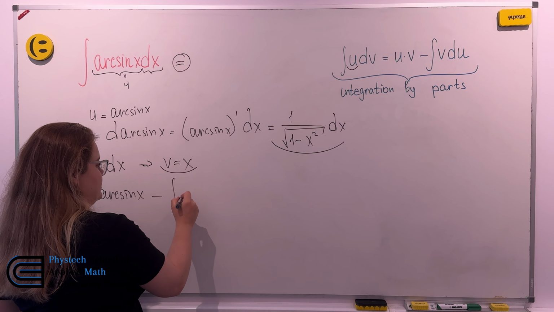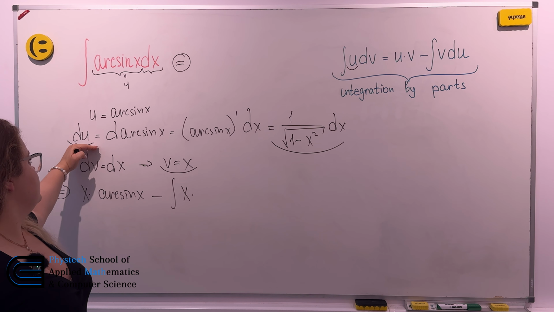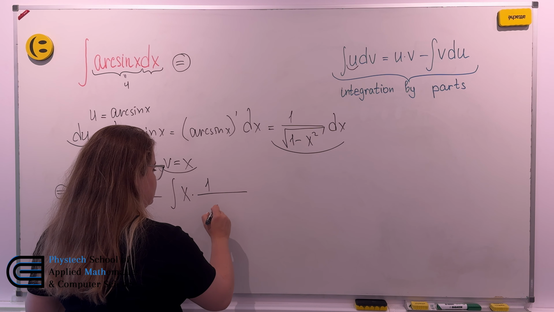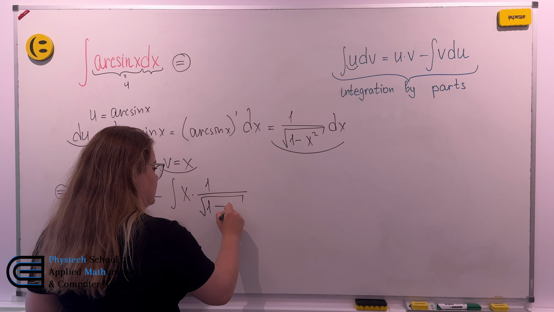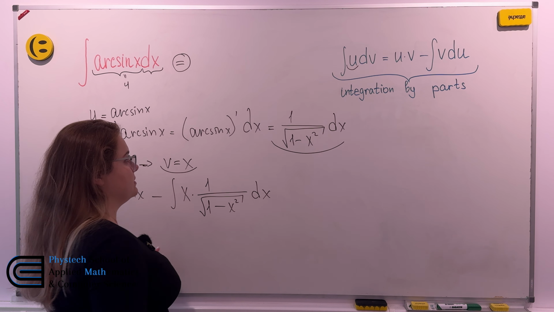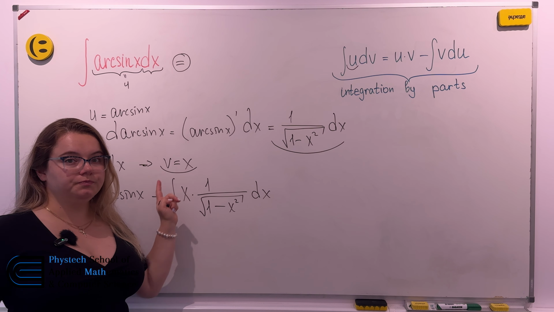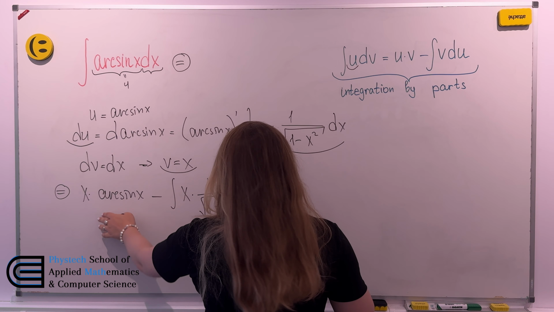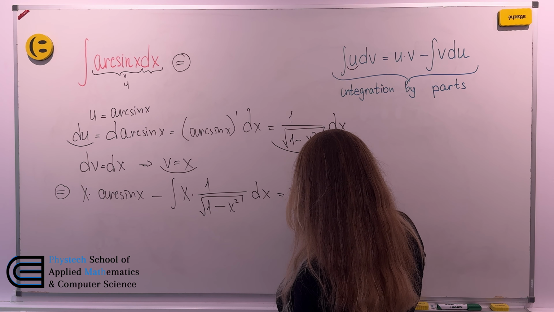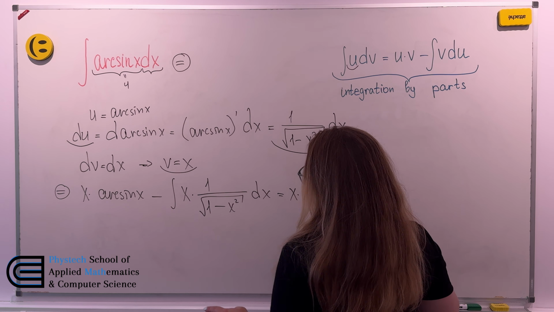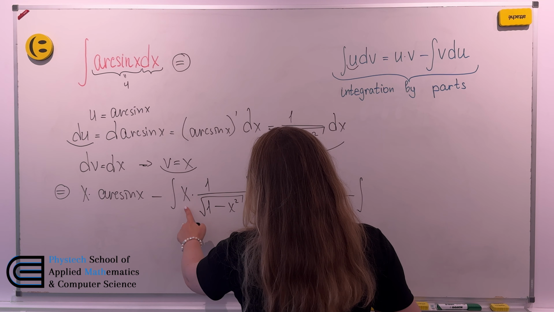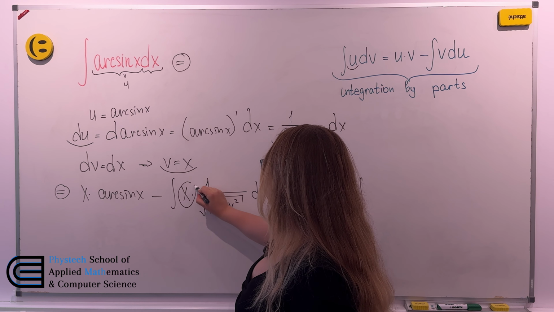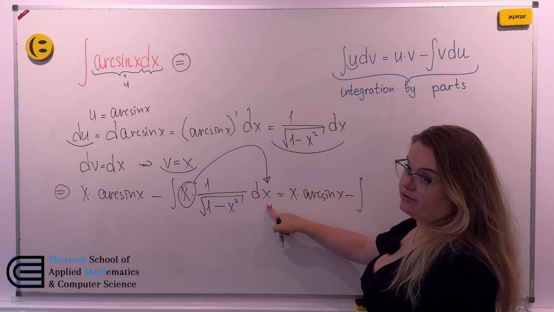v, we can see here, is x, and du is this line, 1 divided by square root of 1 minus x squared dx. So now we need to calculate this integral. So let's do it. We need to write the first part of our line, then minus the integral, and here we can see x, and we want to put this x under the differential.